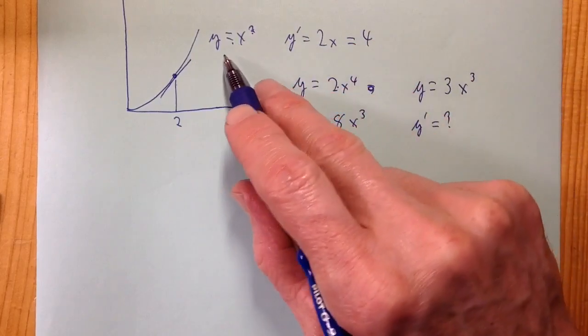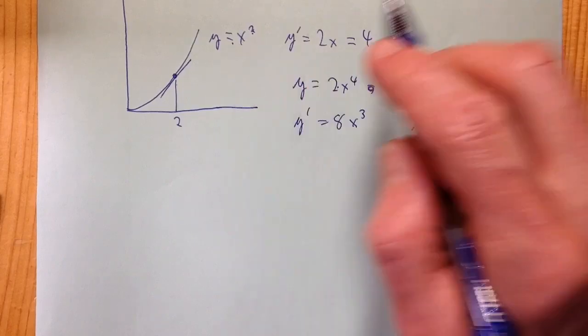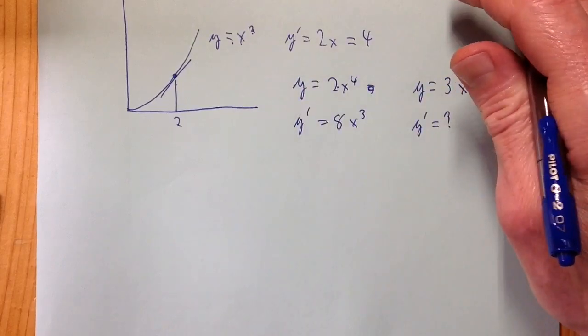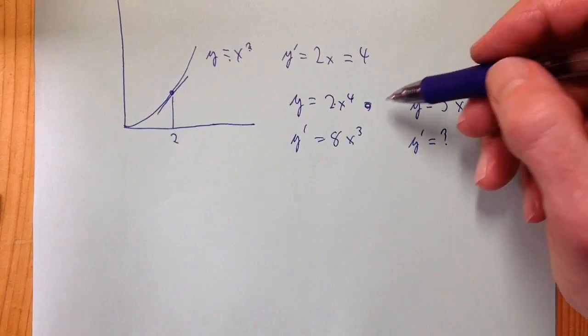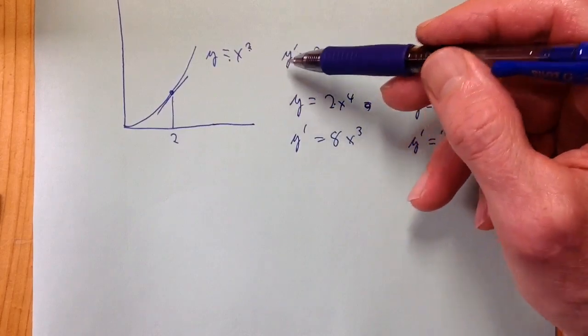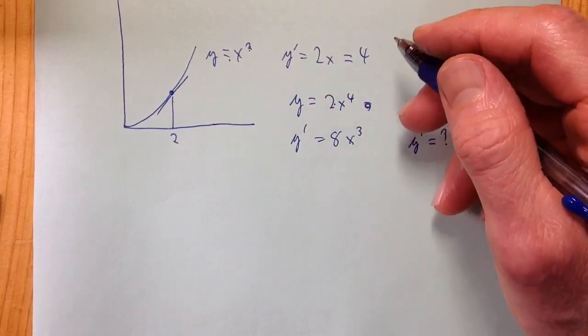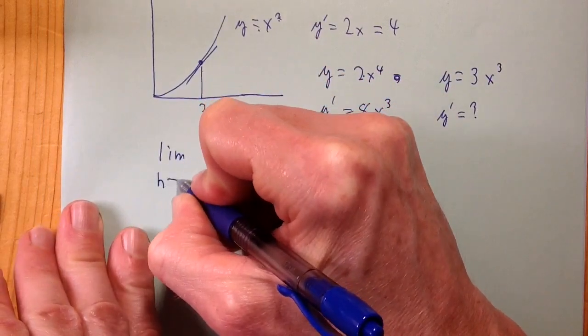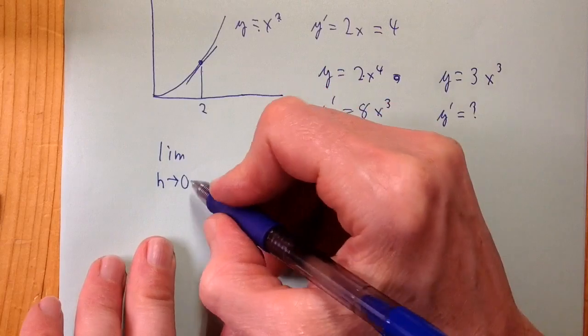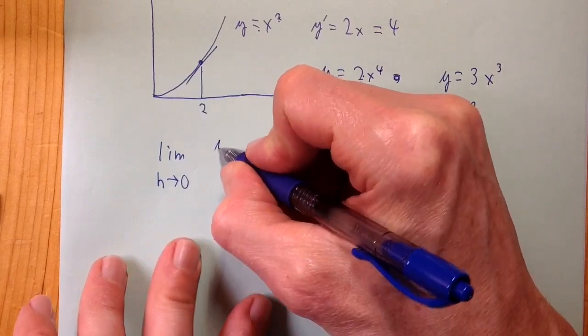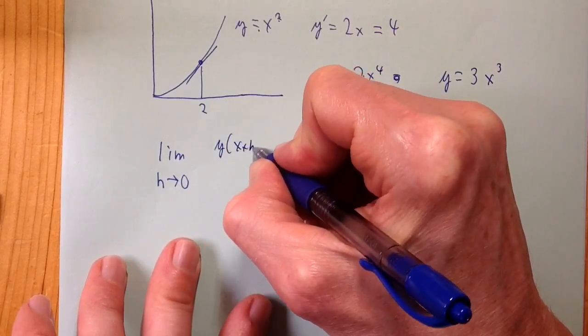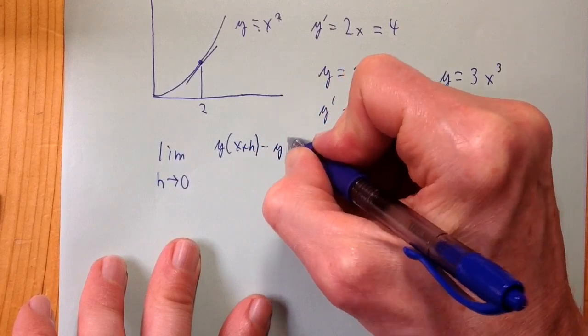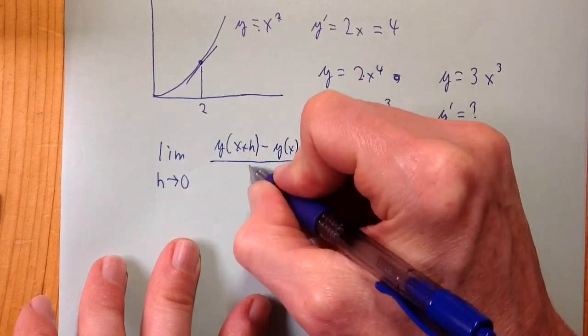Anytime you know the formula for something like x squared or sine of x, any mathematical formula, you can take the derivative, or there's ways to find the slope, and it all boils down to the formula in the limit that h goes to 0. H is our little bit that we added to x: y of x plus h minus the function at x, divided by h.